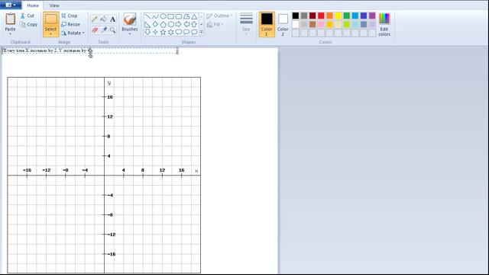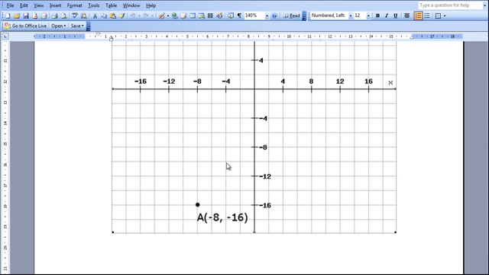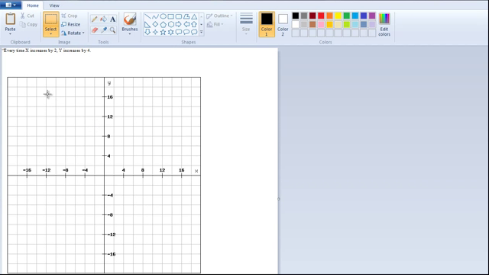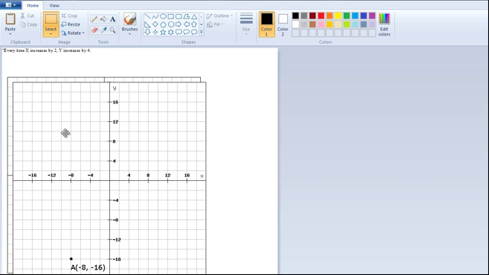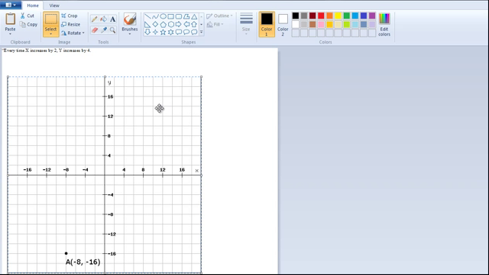Okay, I'll just paste this here so I can see this. So, first we have to use this one. Okay, so let's start here. I'm going to plot some points.